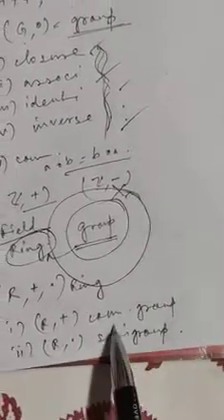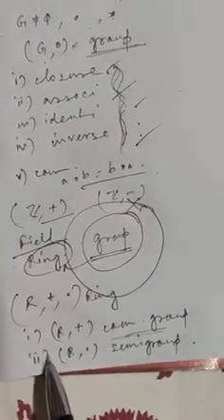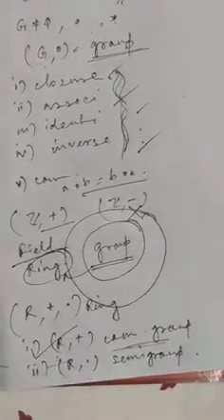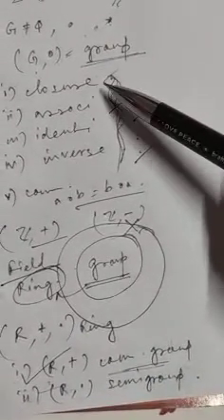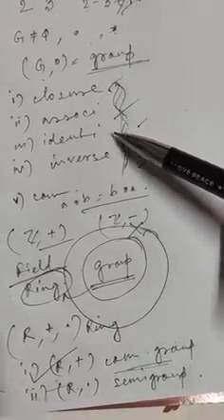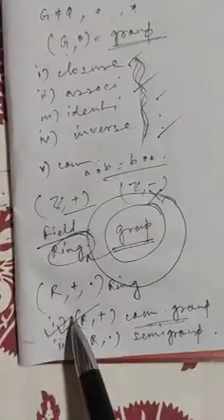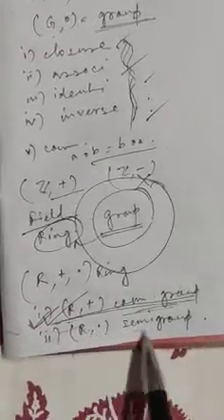Now if you check the conditions of a ring, the first one is R plus is a commutative group. That means a total of 5 conditions are included in condition number 1. For being a commutative group, it needs to satisfy the closure property, associative property, identity property, inverse property and commutativity property. So for property number 1 of a ring, a total of 5 properties are included. Next one is R comma dot is a semi-group.